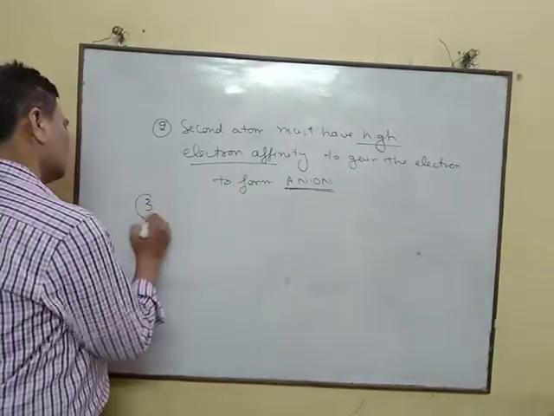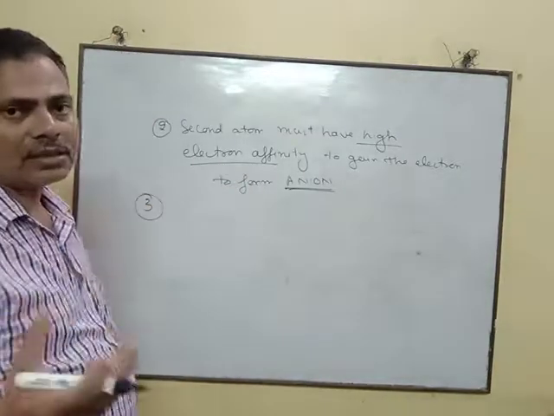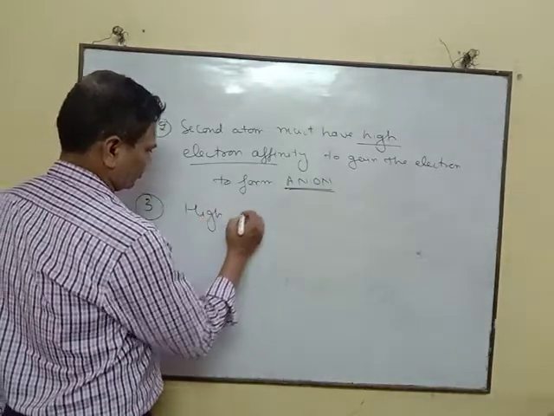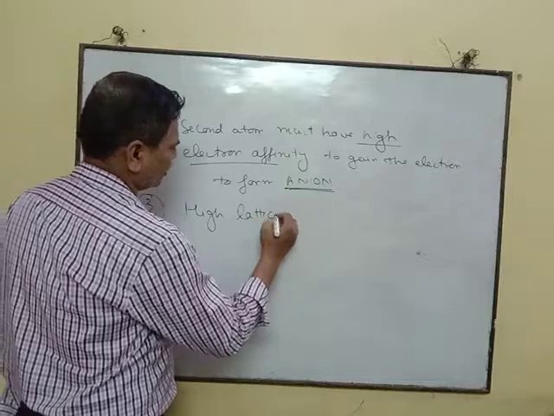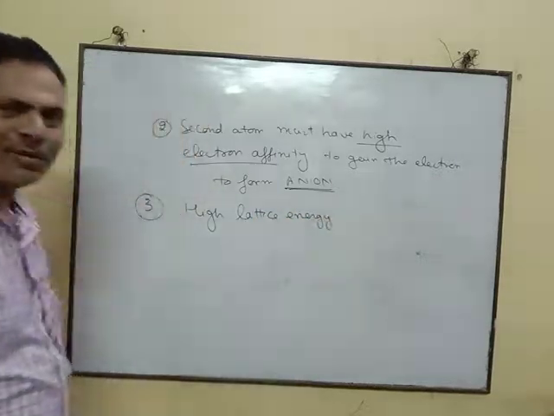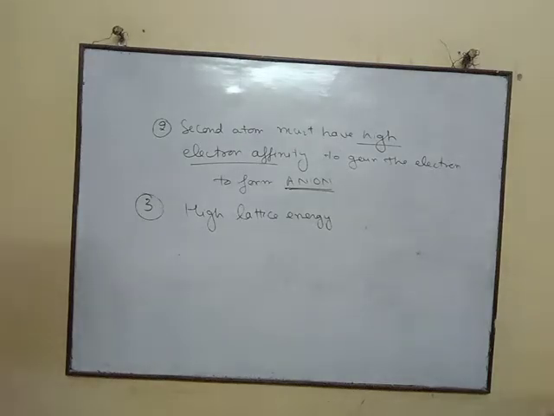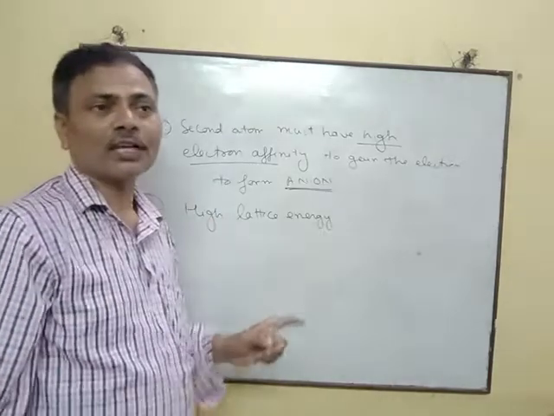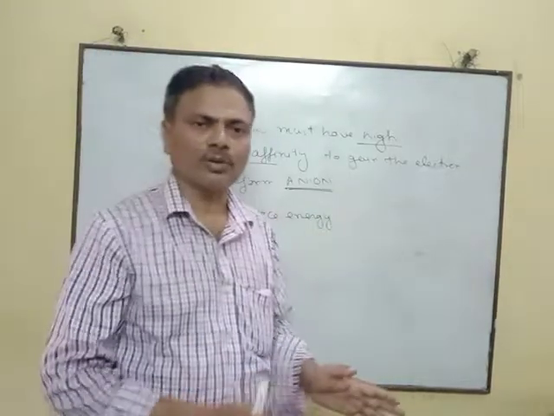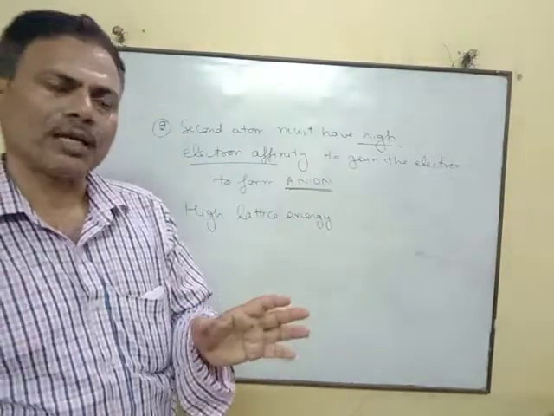And the third one is that it must have high lattice energy. These are the three conditions for the formation of ionic bond. Many times it was asked in the question, what are the conditions to form the ionic bond? You will write only three answer points.